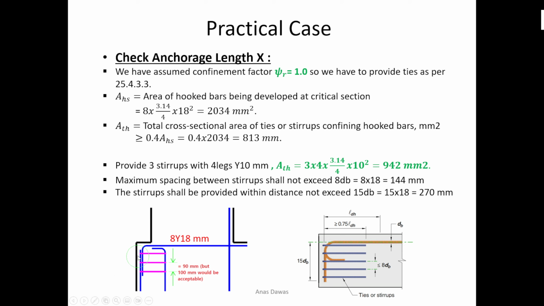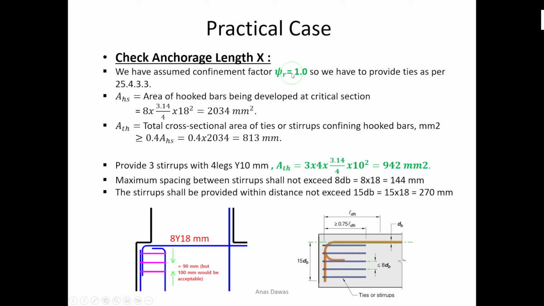So at the area of the top bars, where I need to develop the top bars, I have to add a minimum of 3 ties with 10 millimeter diameter, and each tie has 4 legs with the same diameter. Without providing these ties, I cannot assume this factor is equal to 1.